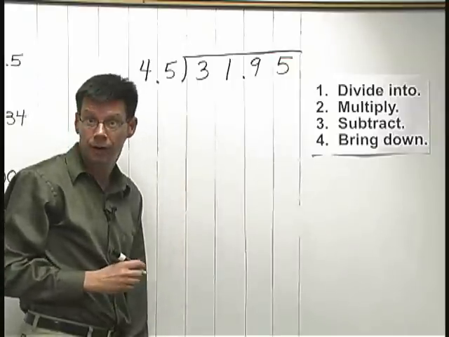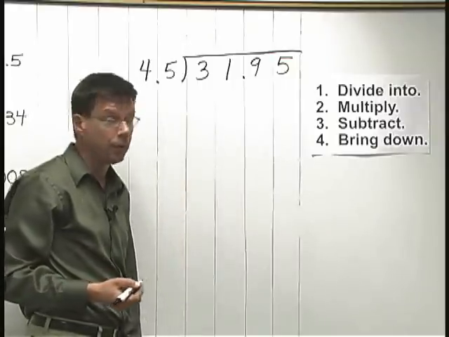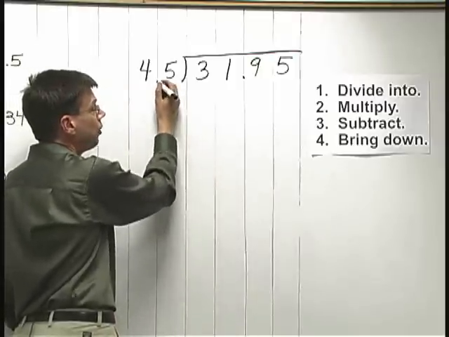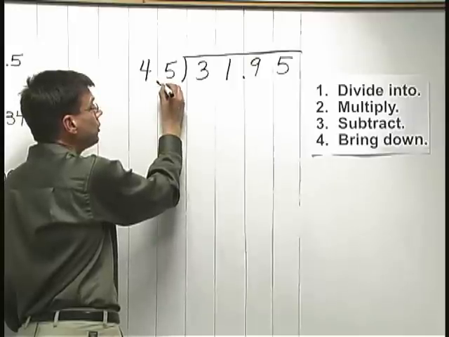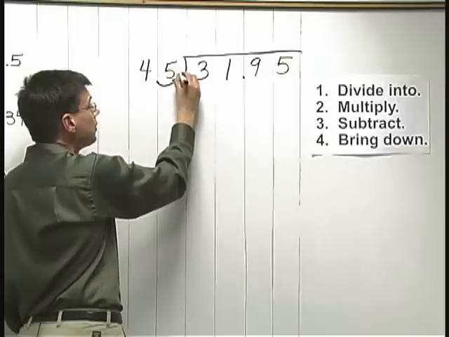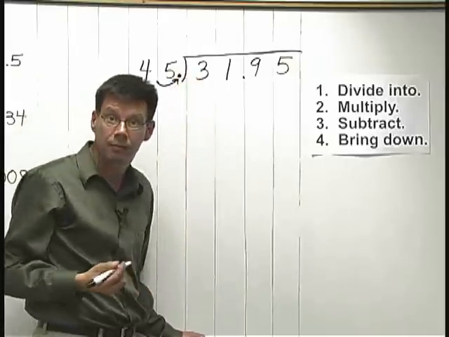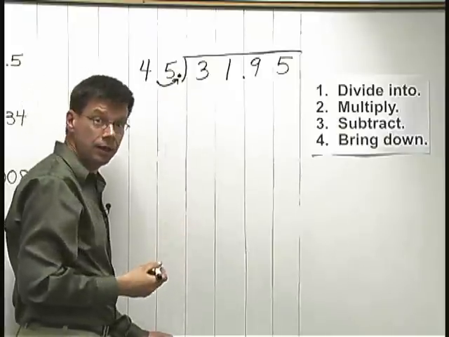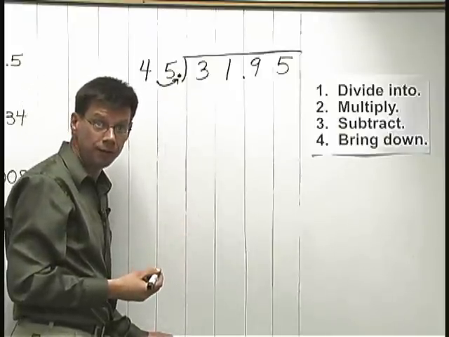There is a way for us to get the answer here. What we can do is take this decimal point in the 4.5 and move it one place over to the right. So that 4.5 becomes 45 point. 45 point is just the whole number 45.